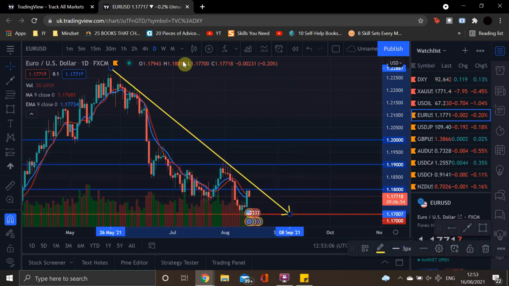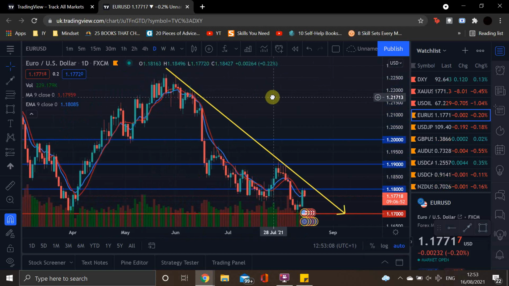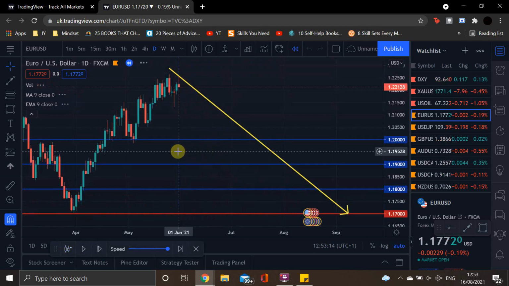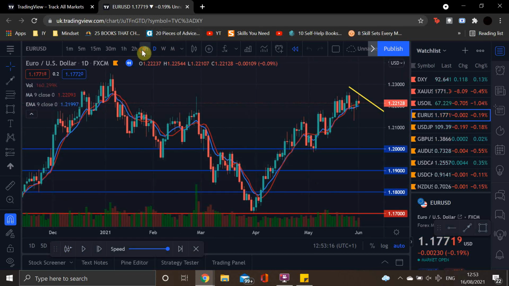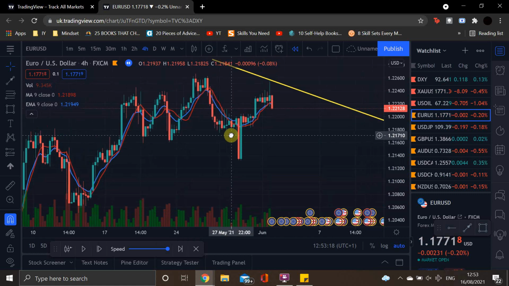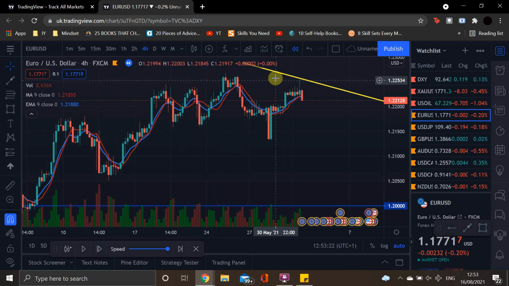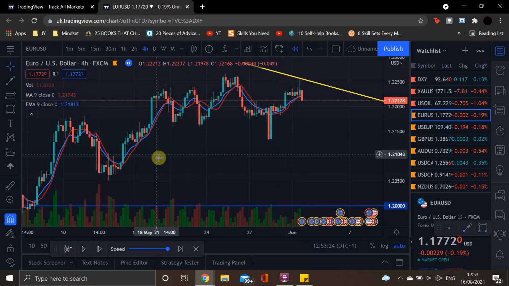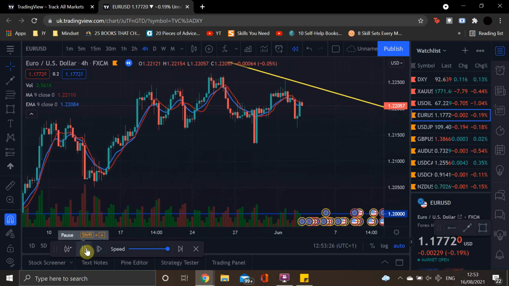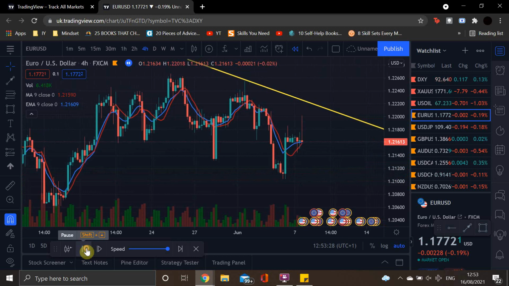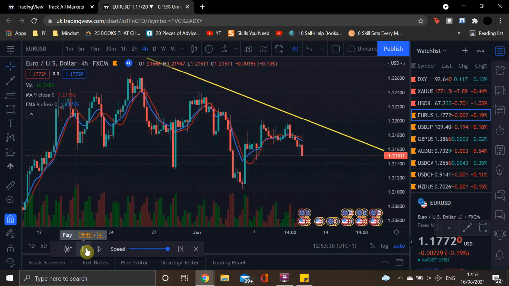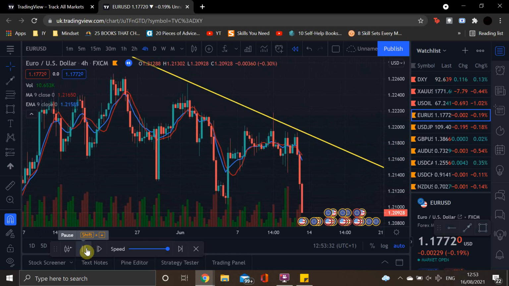The aim is to try get price in these areas so we can catch it, right? What I might do actually, so cool. Go on a 4 hour real quick. Cool, a touch there.